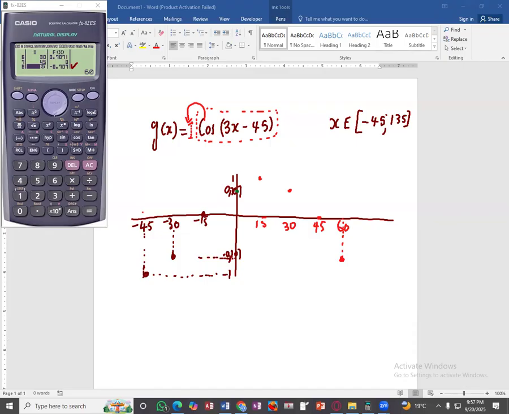Okay, and then 75 and -1. It's a very important point. You must show it. 75 and -1. I will explain why this is so important. This one, it's here. Okay. 90 and -0.7.